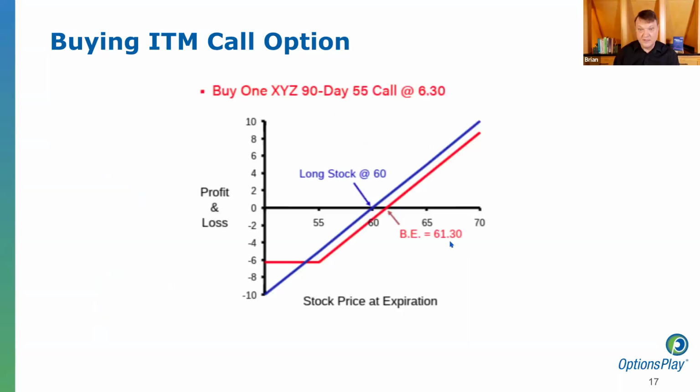All right. So here's the difference in the break even. Buying an at-the-money option contract, if we buy this at $6.30, our break even only moves up to 61.30. Notice that this is a very small black line in between where the stock is at and that break even, and the break even of the in-the-money option contract.